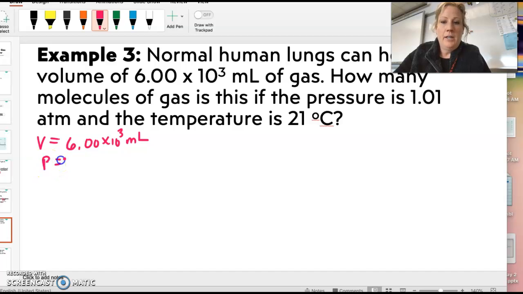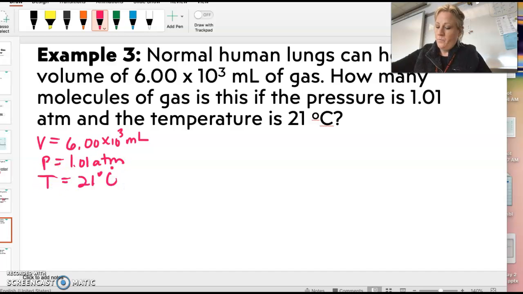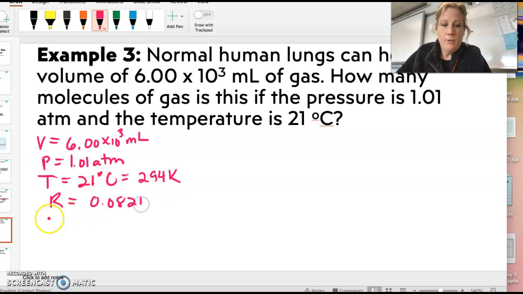Our pressure is 1.01 atm and our temp is 21 Celsius. So I'm going to convert that to Kelvin and then use my R. My unknown here is going to be moles, and then I can use Avogadro's number to calculate molecules.